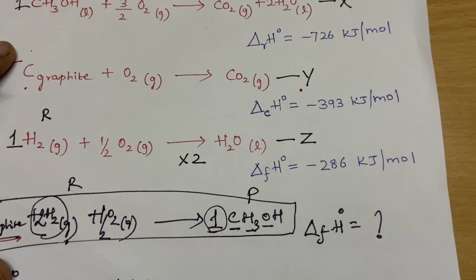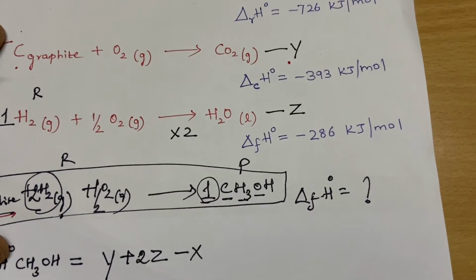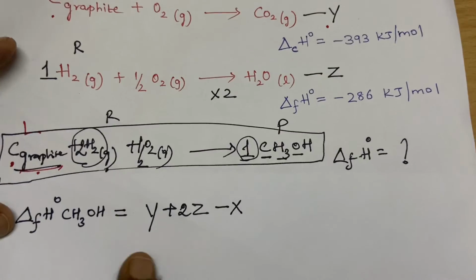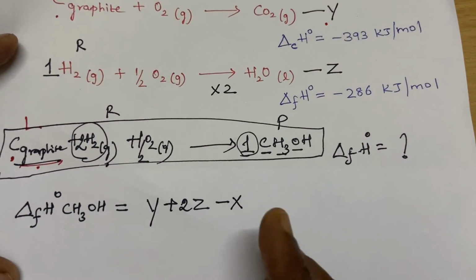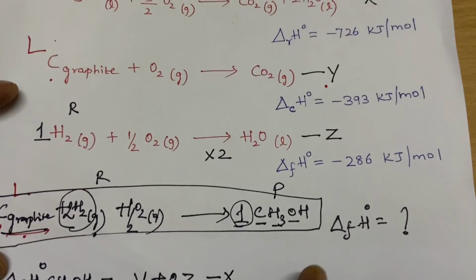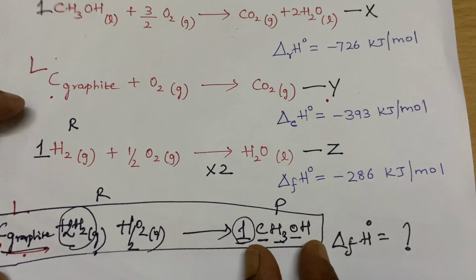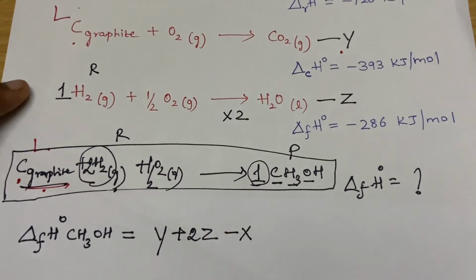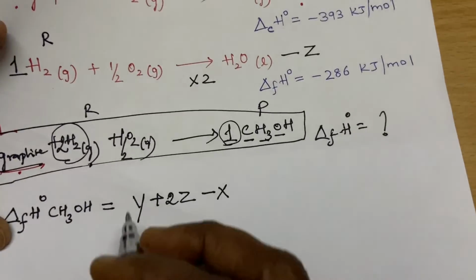So what you have to do is put minus X. If one of the things is present on the product side and one of the things is present on the reactant side, then change the sign, that's all.